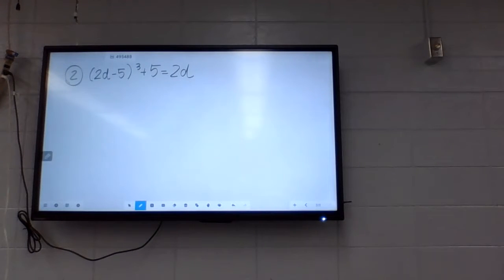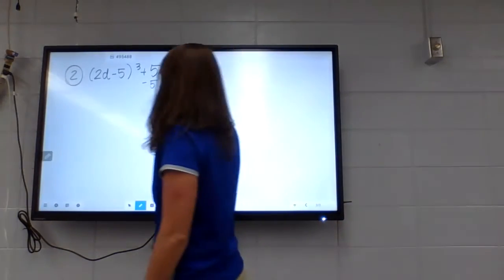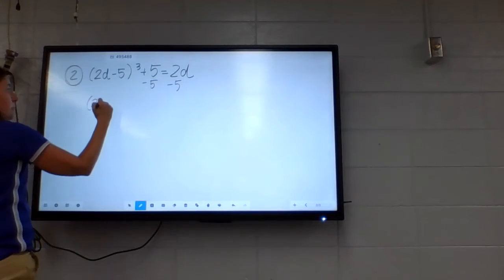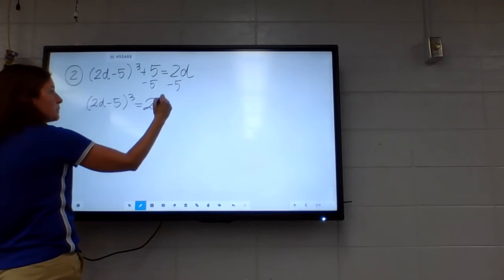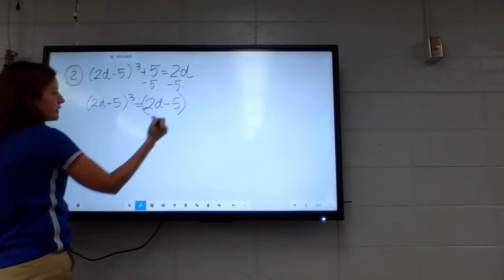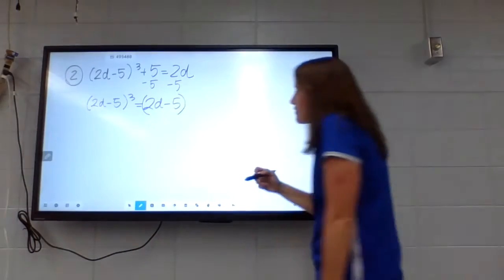So again, I want to figure out what chunk makes sense. So what I want to do is make them look alike. So moving this over, now they're identical, so my chunk is going to be 2d minus 5.